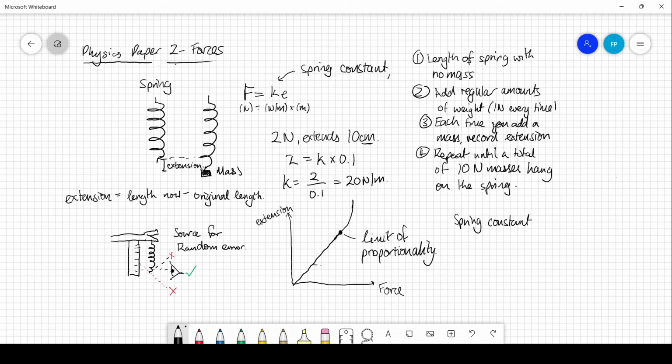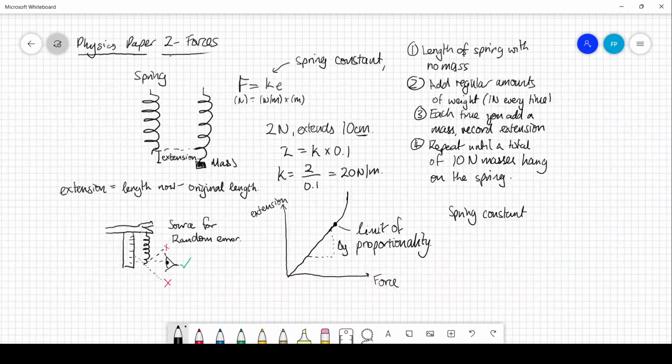So if you were to find the gradient here, you do the change in y by the change in x, but this gives us the extension per force, and that's the wrong way around. So what you do is, if it's this one here, you take the gradient and put it into your calculator to the power of -1. This gives you the spring constant.